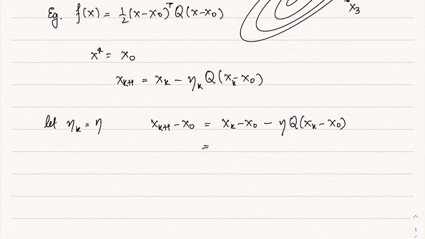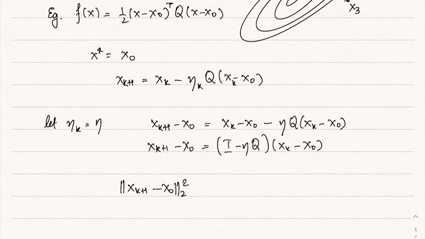So this can be written as (I minus eta Q) times (x_k minus x naught). Now let's take the L2 norm on both sides. So we obtain the L2 norm squared of x_{k+1} minus x naught, which is equal to the norm squared of (I minus eta Q) times (x_k minus x naught), right?